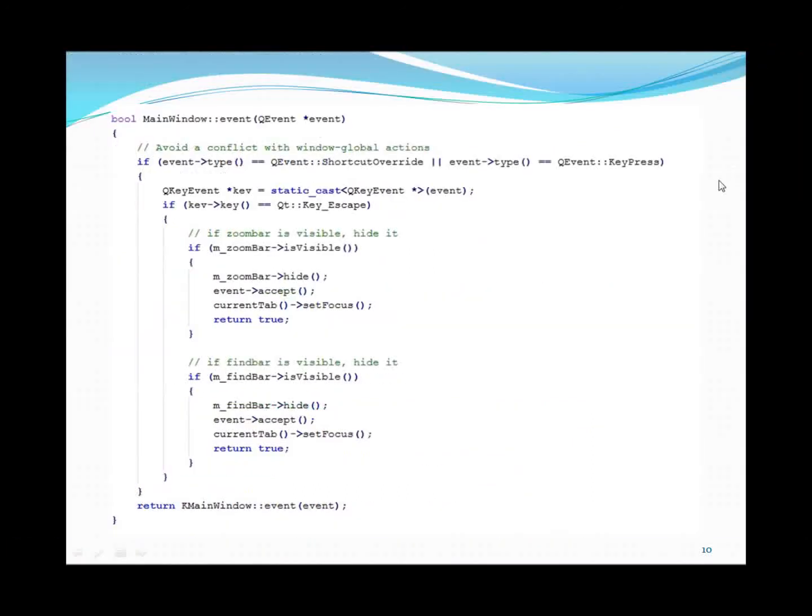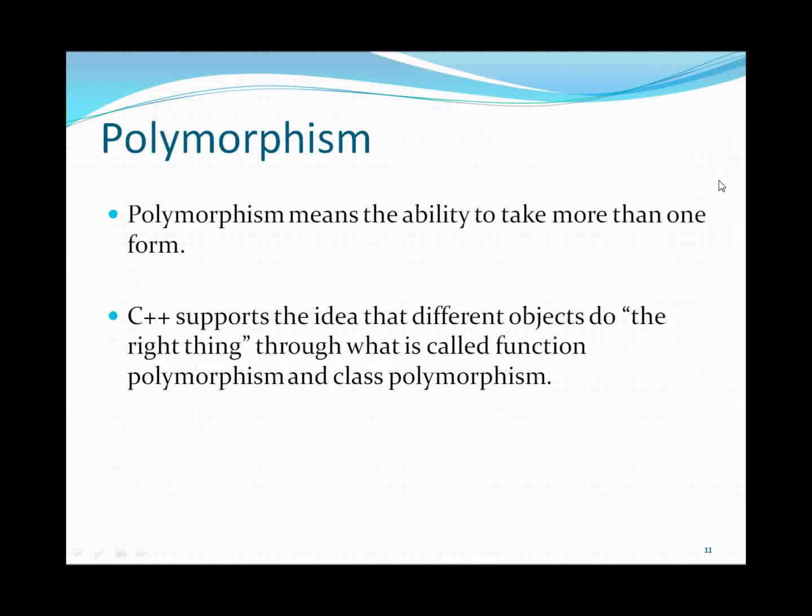So we quickly move into the next feature, which is polymorphism. That's the next feature in object-oriented programming. So we'll check what polymorphism is. The definition of polymorphism says it is the ability to take more than one form.